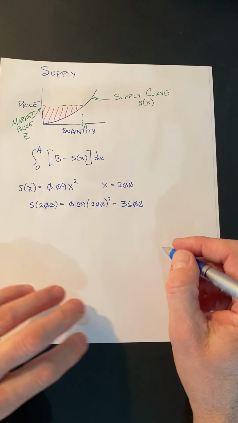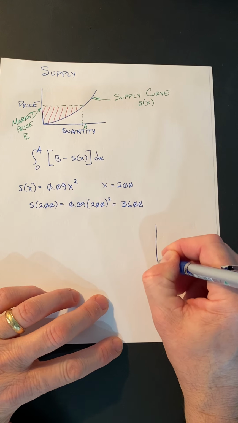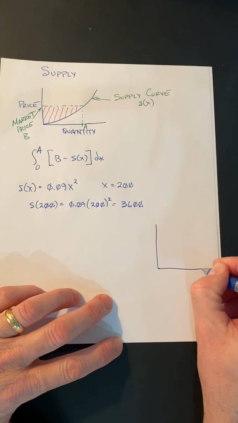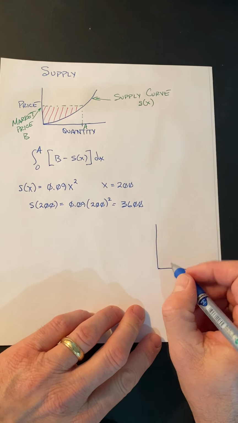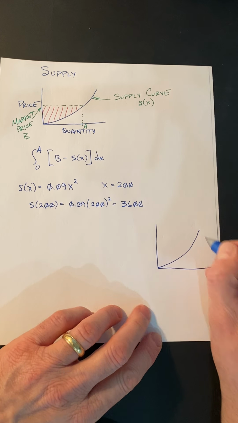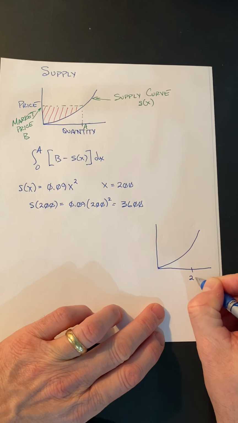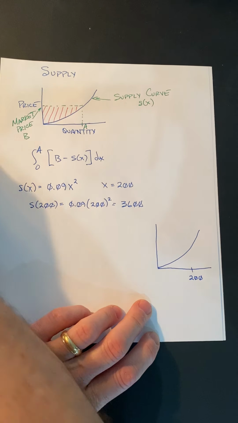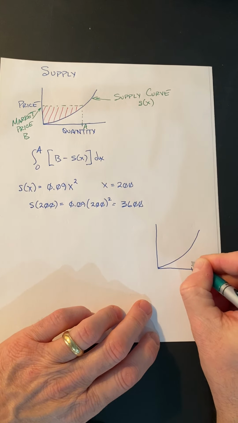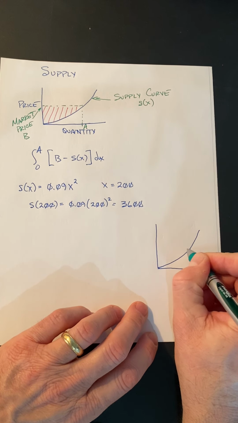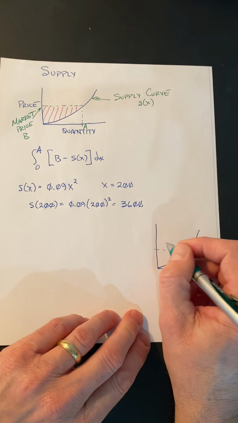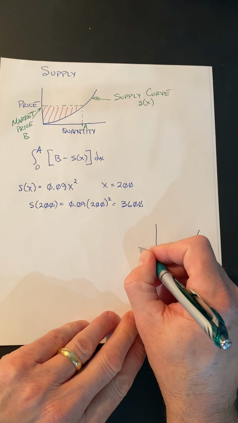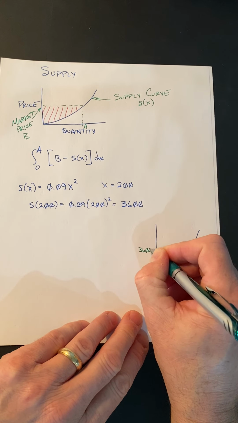So if I'm looking at my graph here, my graph now looks something like this. Out here is my demand level, and when I come up to this point, this needs to be 3,600, okay?